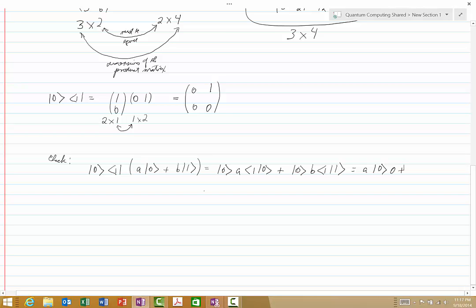And then for the second term, we can bring the B in the front, and we have the 0 bra. So I can interchange the order of these two because B is just a number. And then the inner product of 1 with itself is 1. So of course this first term goes away because it's being multiplied by 0, and the second term just becomes B times the 0 bra.